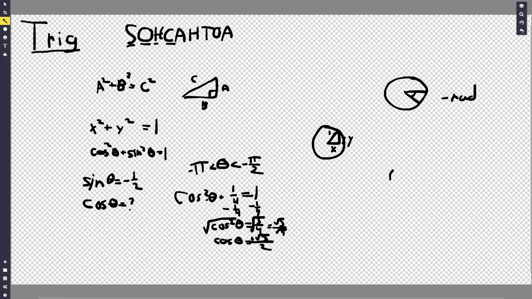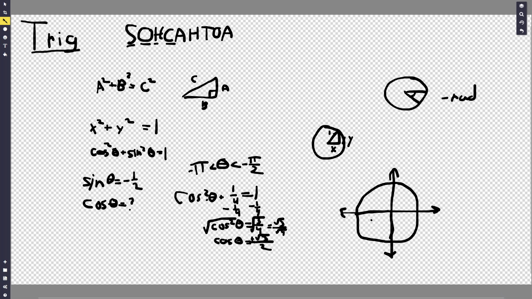Quadrants, like I told you about before, if we were to get our unit circle out right here, and we draw it like that. Sorry, I'm not good at drawing circles. Remember, it's between negative pi, which is negative 180 degrees, and negative pi over 2, which is negative 90 degrees.